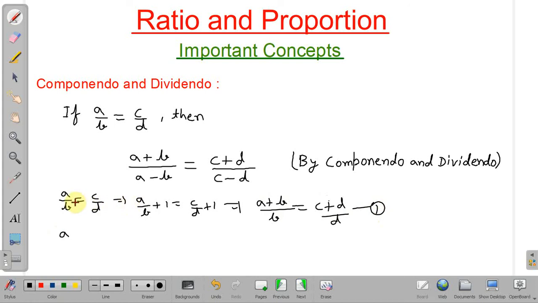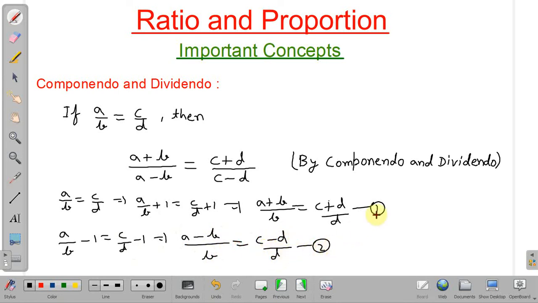Similarly, if we subtract 1 from both sides, we will get A by B minus 1 equal to C by D minus 1. So it will be A minus B divided by B equal to C minus D divided by D.